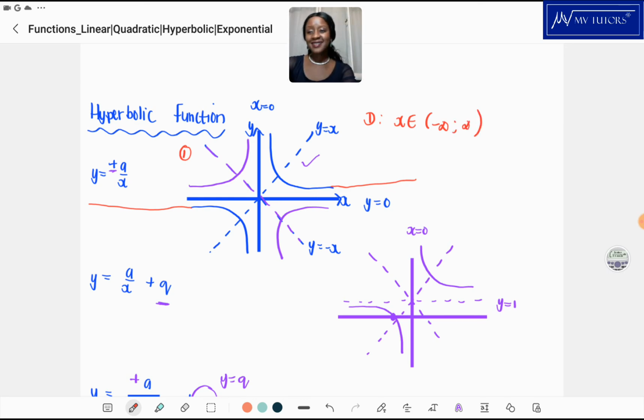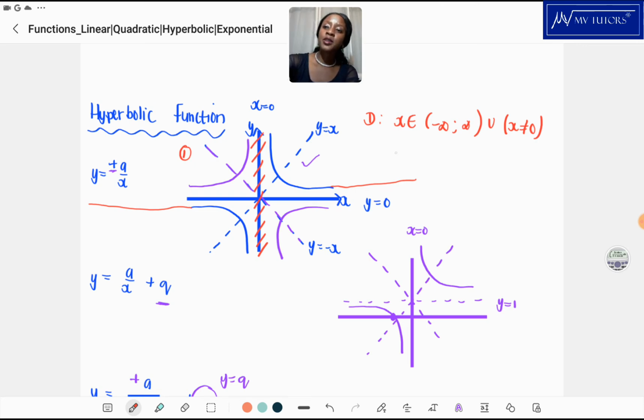But guys, something happened here. There's this area where this function is just not touching, and that is where the equations of your asymptote actually matter. So your domain goes from negative infinity to positive infinity, but there's a space where it doesn't go to. So you could say union x cannot be equal to 0. But there's another way of putting it.